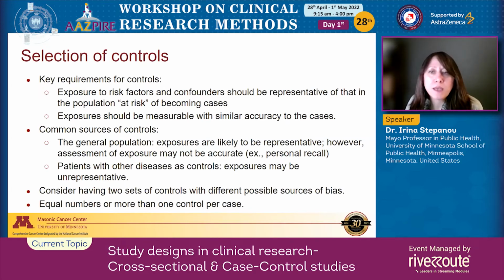So what I mean by that is people who do not have the disease under investigation, but who would be included in the study as cases if they had. So their exposures should be similar. Also, exposures of controls should be measurable with similar accuracy of those of cases. And often it's just impossible to satisfy both of these aims.